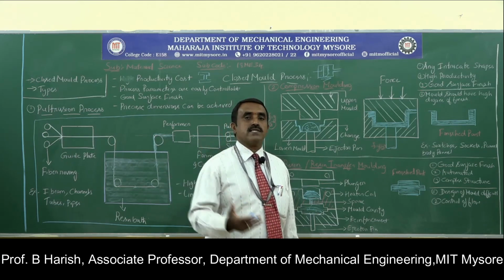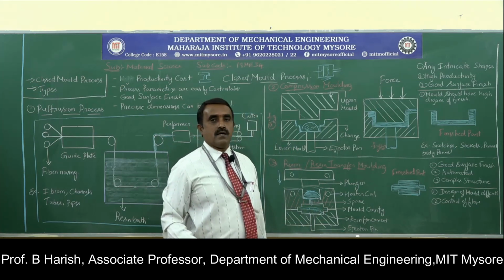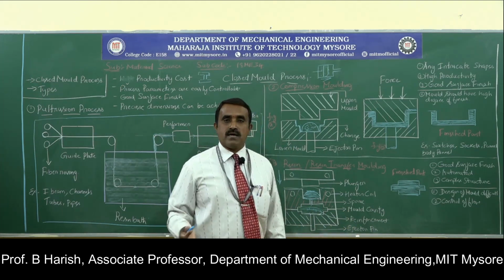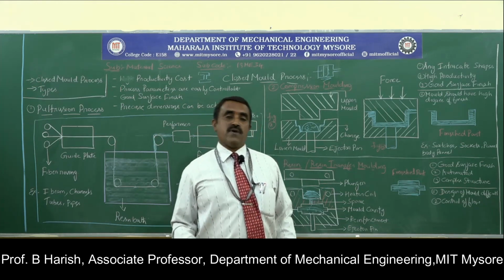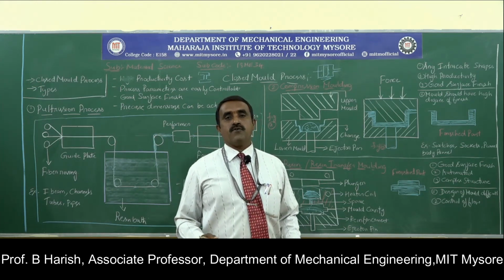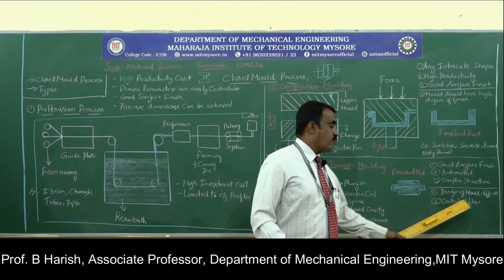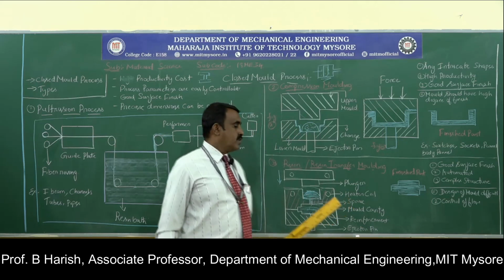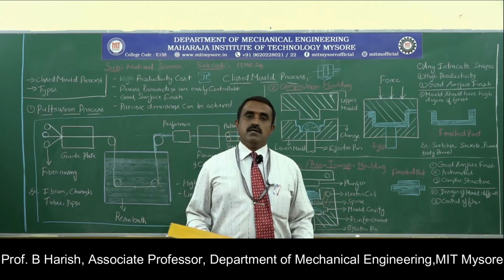If the flow rate is more, it fills the cavity easily, or if it is less, it takes more time. That affects the quality of the composite material manufactured. Hence, controlling the flow of the matrix is difficult in this particular method.